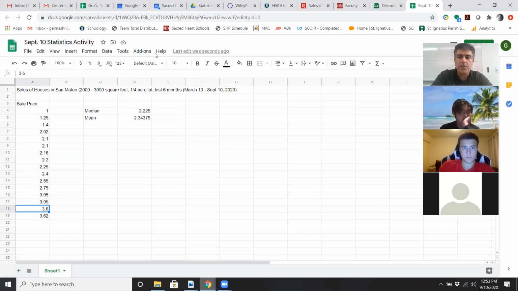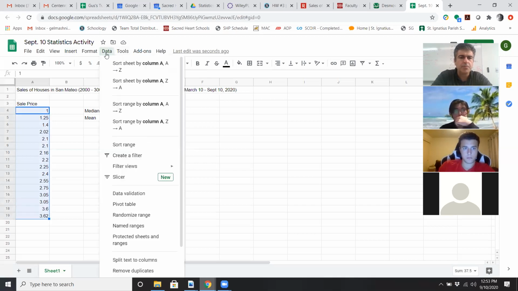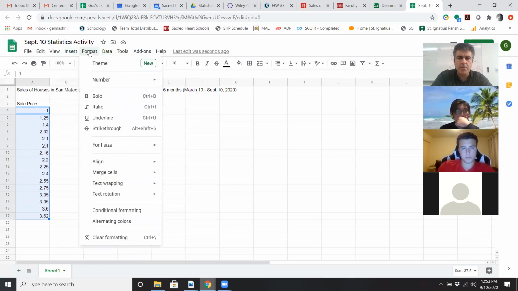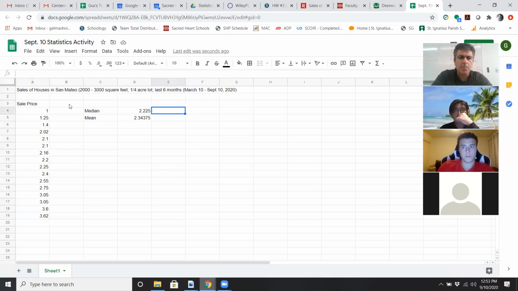If you were to do a bar plot for this, it's going to be a little bit tricky to do here. I'm not too familiar with doing graphs on this, so it might be easier if I do it on a regular Excel program. Plus, we have to decide how we want to break up the bar plot.